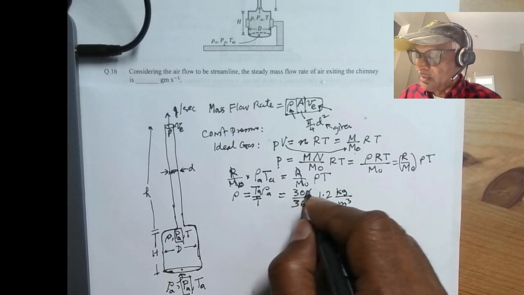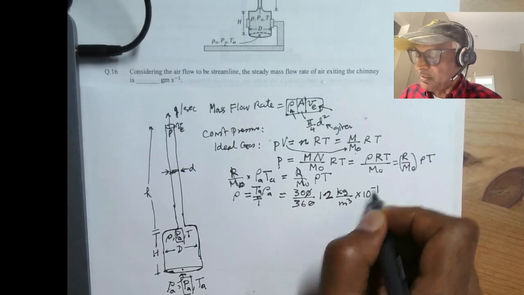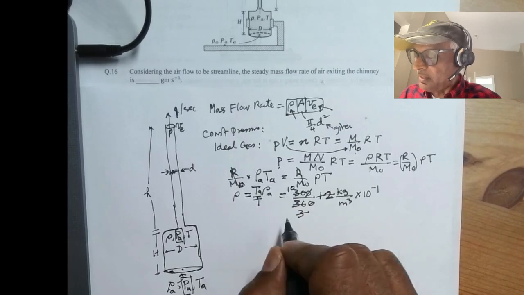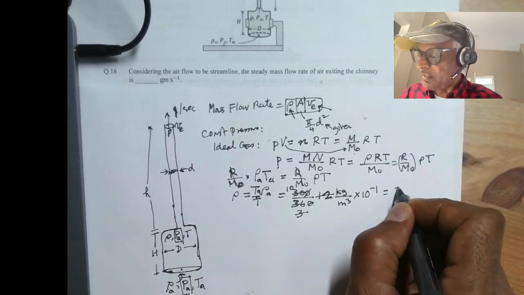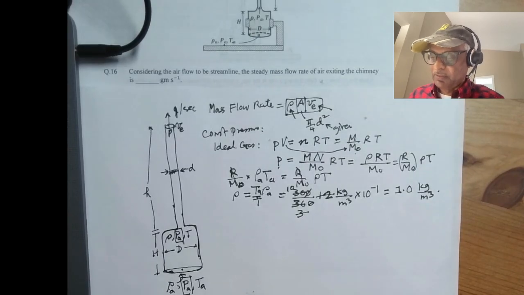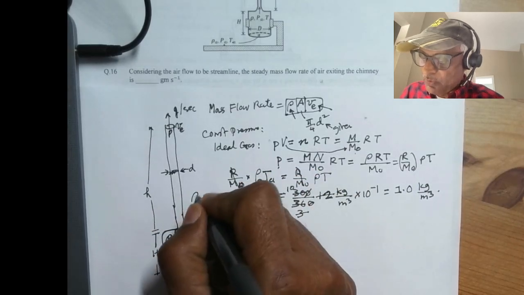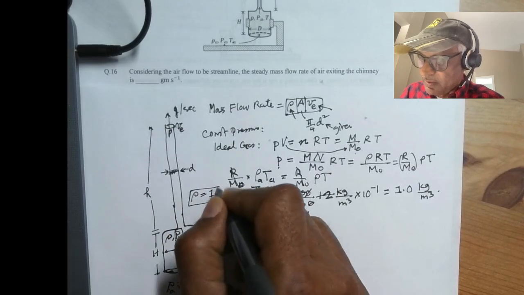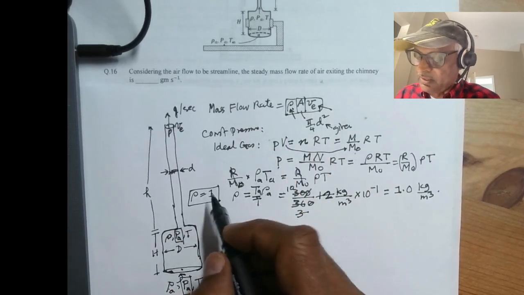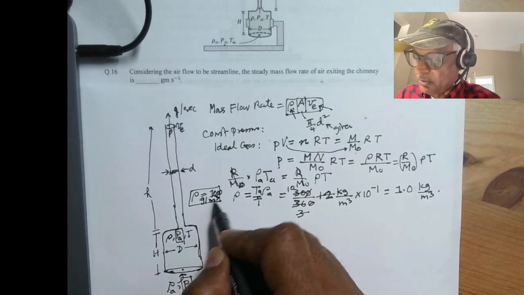So you can write 12 times 10 to the power minus 1 times 300 over 360; the 3s cancel, that makes it 10, and 10 times 10 to the minus 1 is just 1.0 kilogram per meter cubed. So rho is 1, just dropping the units, maybe 1000 gram per meter cubed.